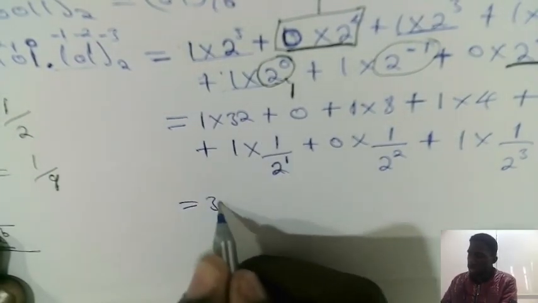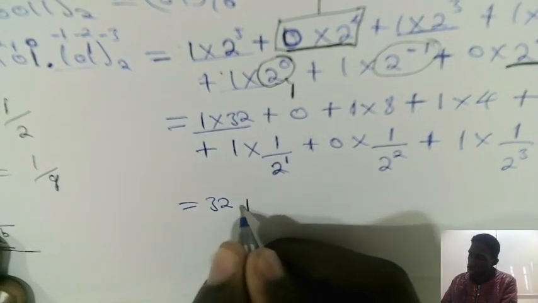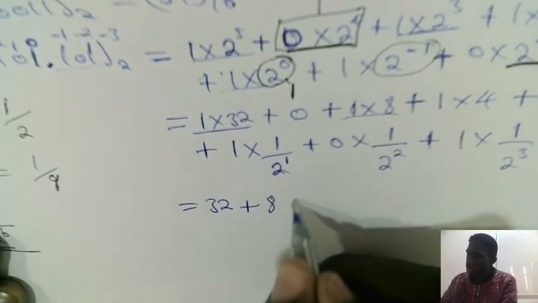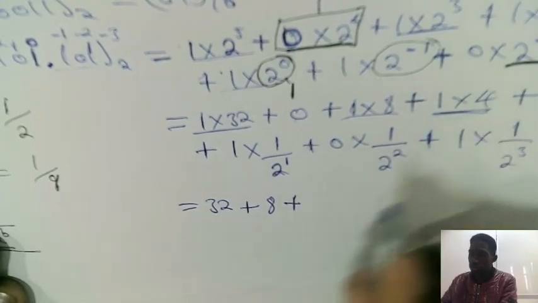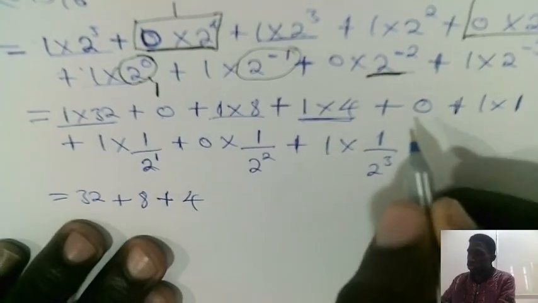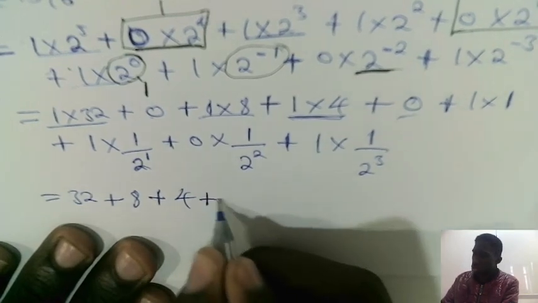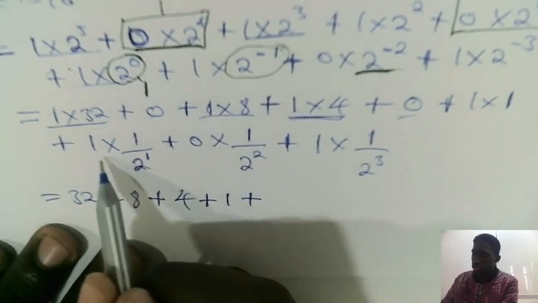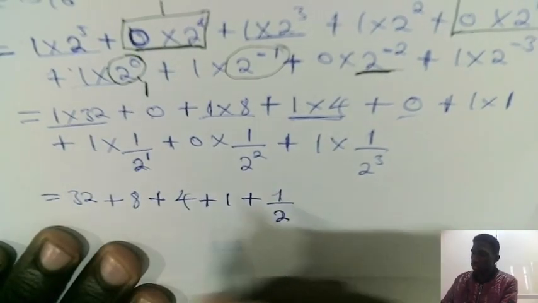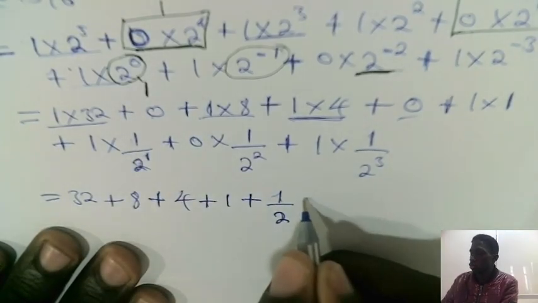We've got 1 times 32, which is 32. 32 plus 0 is 32, we can omit the 0. 1 times 8, 8. 1 times 4, that's 4. We come across a 0, we can omit it, it's not important. And then 1 times 1, that's 1. Then 1 times 1 over 2 to the power 1, that's 1 over 2.